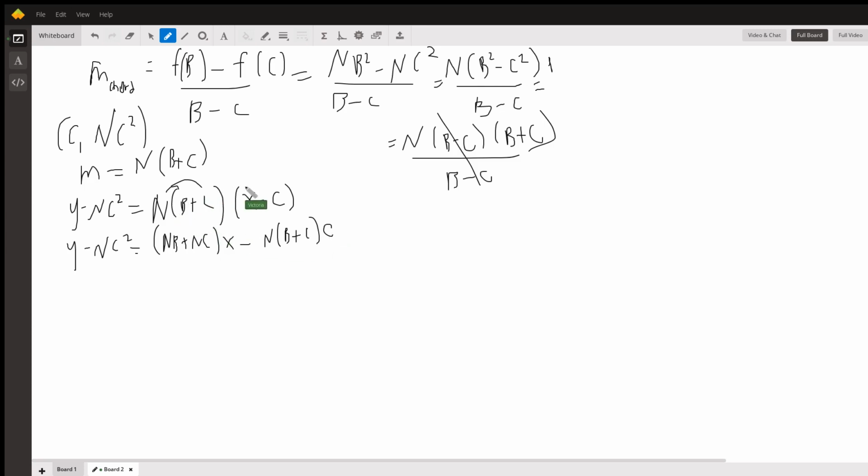So I took all of this times x, and then I took all of this times c. And here's the minus sign. So now I have y equals nc squared plus (nb plus nc) times x. That's my slope.